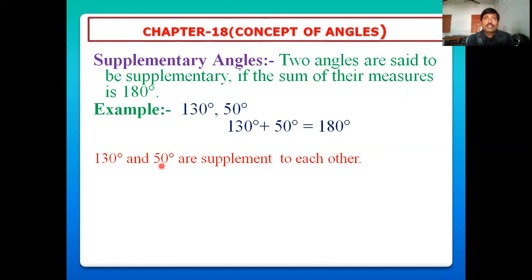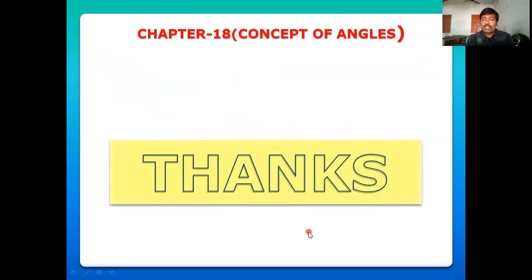In the same way, we can find the supplement of 100 degrees. The supplement of 100 degrees will be 80 degrees, and the supplement of 80 degrees will be 100 degrees. The main thing is that two angles are said to be supplementary if the sum of their measures is 180 degrees. Okay. So I hope you understood all the terms related to angles in this chapter.